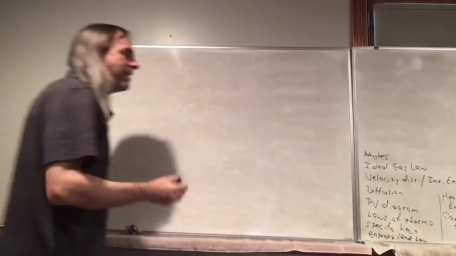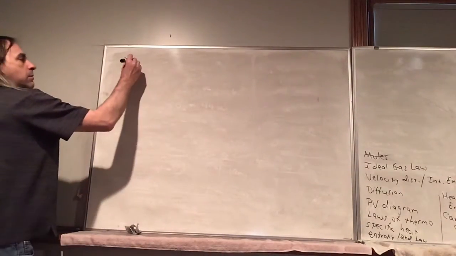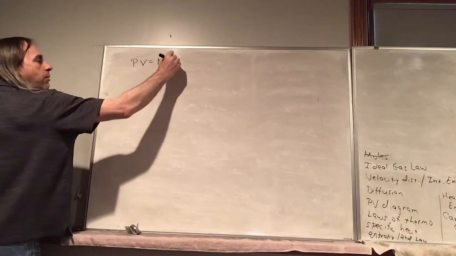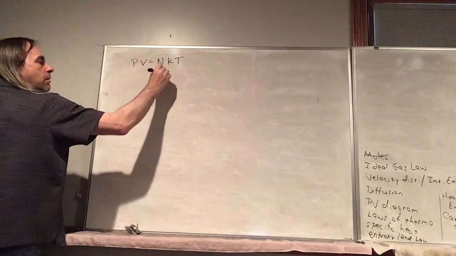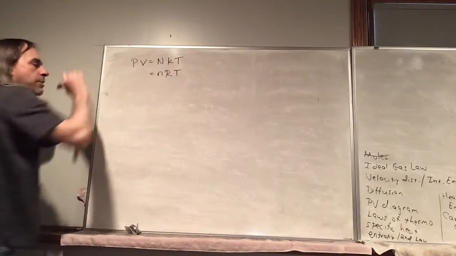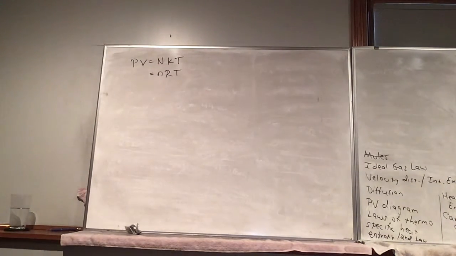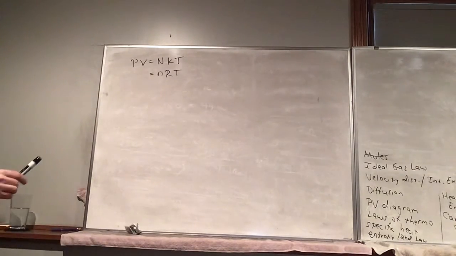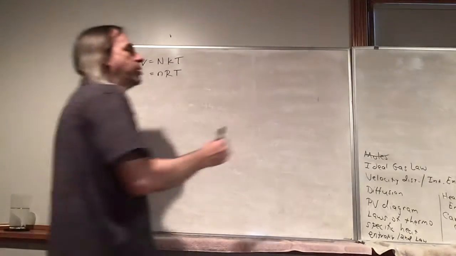All right, let's look at the ideal gas law. Two ways we could write this. So we could write it, capital N is the number of atoms or molecules, lowercase n is the number of moles, K is Boltzmann's constant.